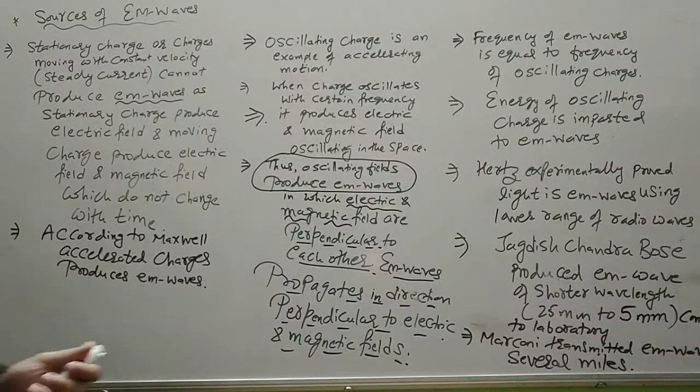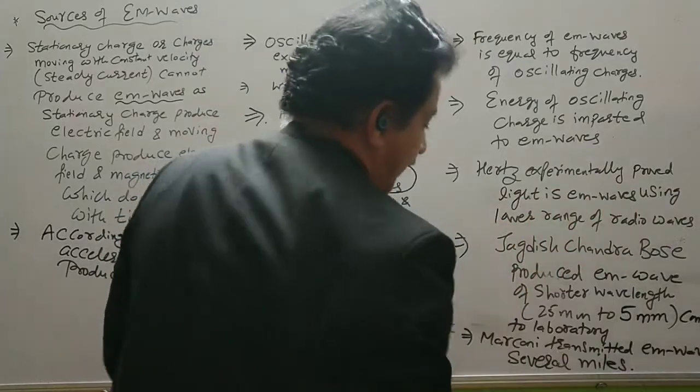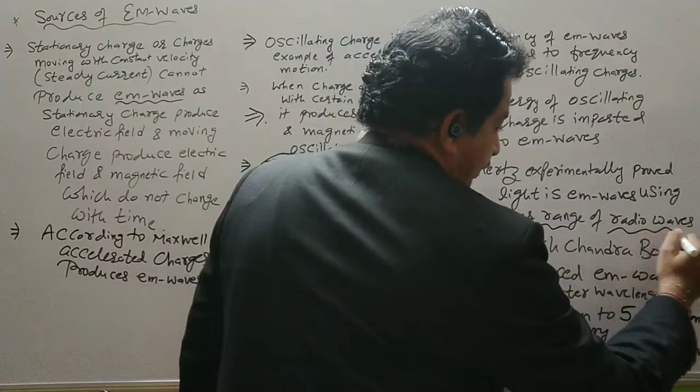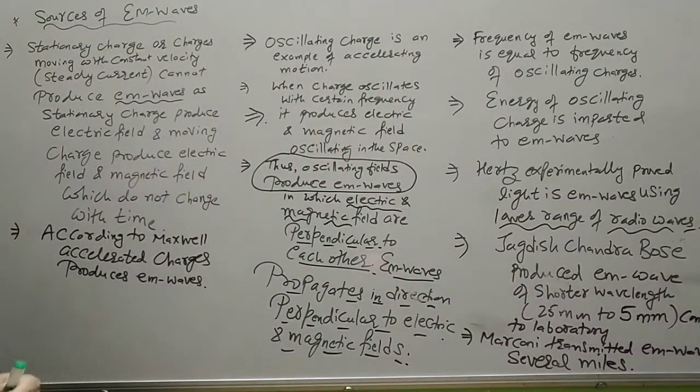Hertz was the first person to prove that light is an electromagnetic wave using the lower range of radio waves. Basically, to prove that light is an electromagnetic wave, we require a very high frequency, but Hertz experimentally proved it using the lower range of radio waves.